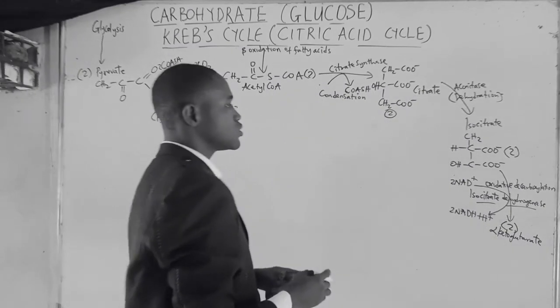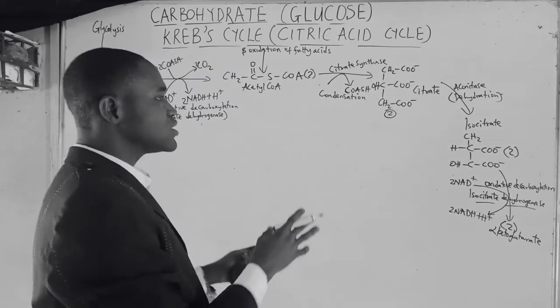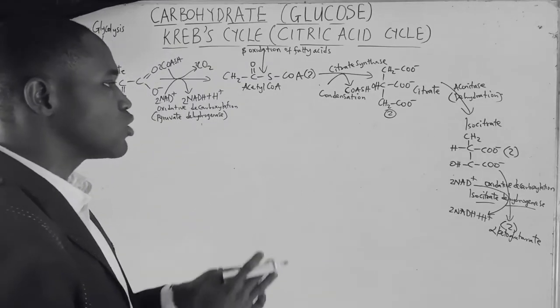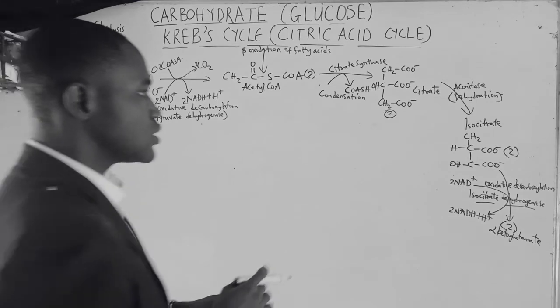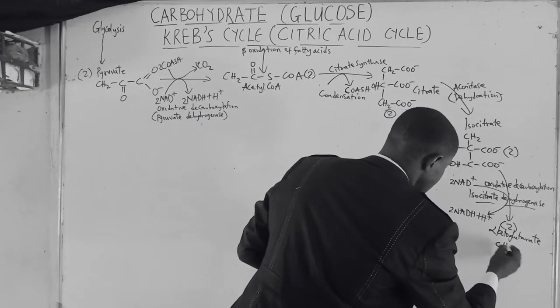Also 2 molecules. Then what is the structure of alpha ketoglutarate? We can sketch it this way.